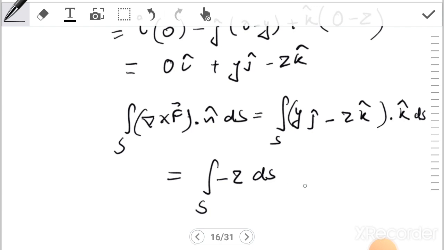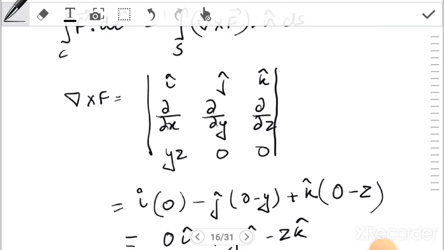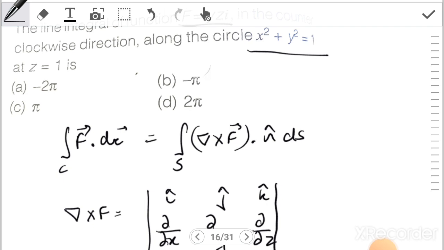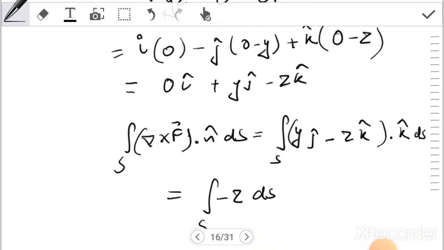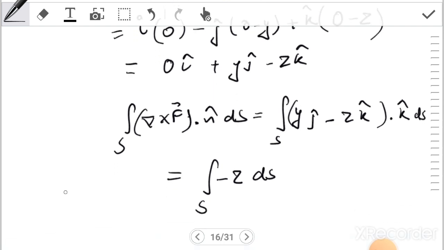Now since z is given as 1, and surface area is pi r square, where S is the surface area of x square plus y square equal to 1, which is a circle with radius 1, so pi r square is just pi.